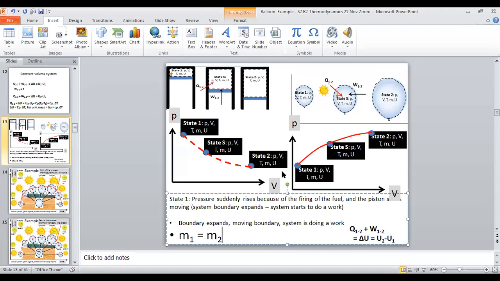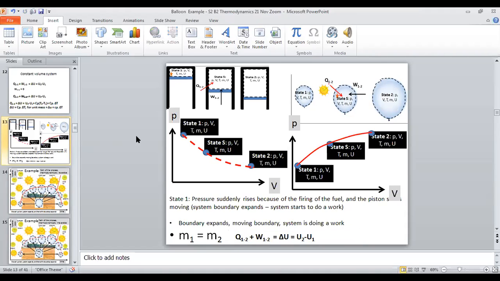So you can see Q12 and W12, and still your equation can be the same general equation. Q12 plus W12 is delta U. So your mass balance and energy balance, you can say this is a very good slide. I hope you can understand this very well.